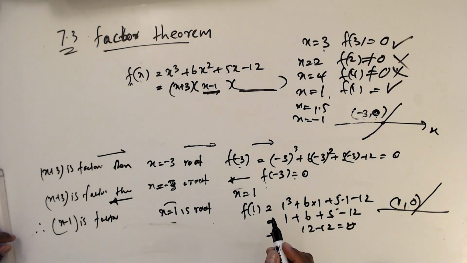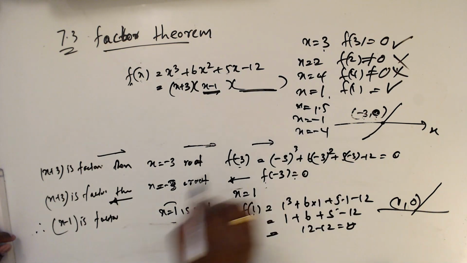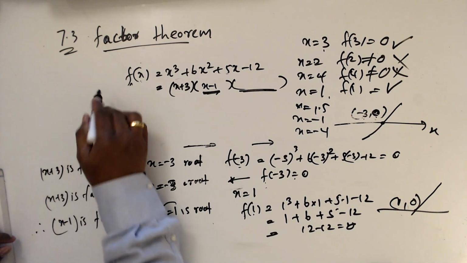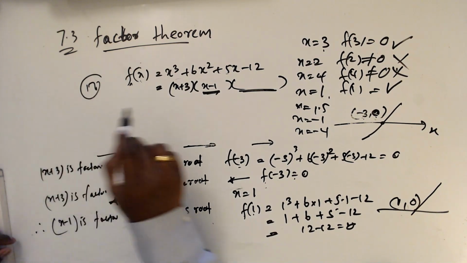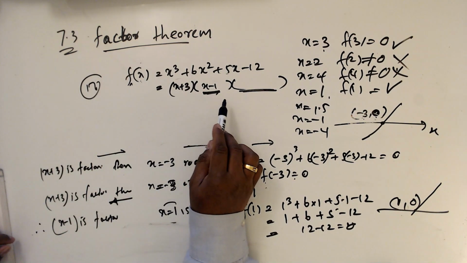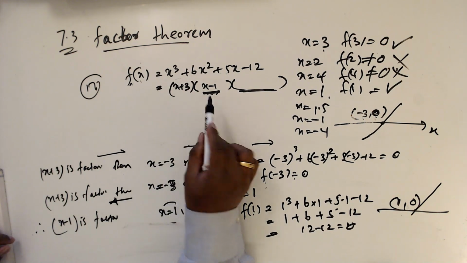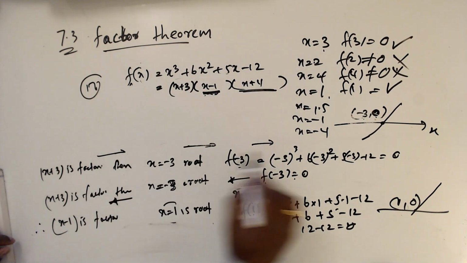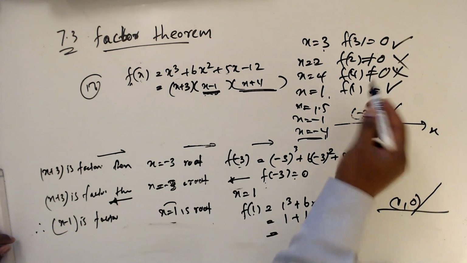Anything could be. But I know the other one is x equal minus 4, because, this is number 17, we discussed earlier in 7b. What are the brackets of this one? x minus 1 and then x plus 4. That's why I told x plus 4 should be the other answer.